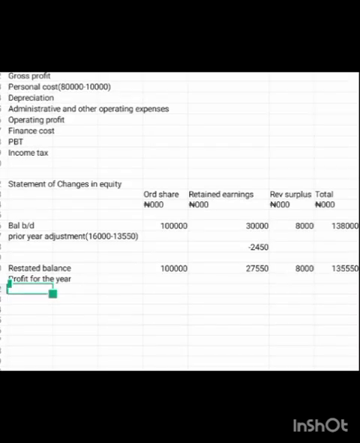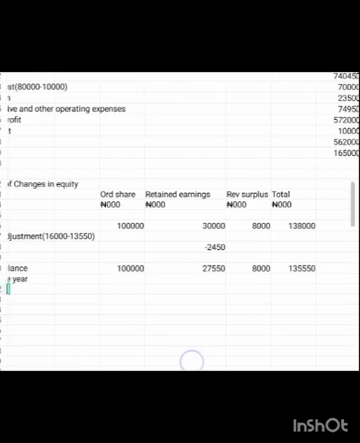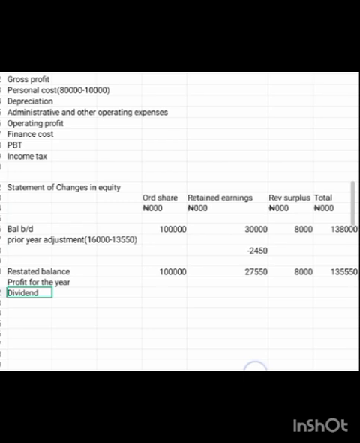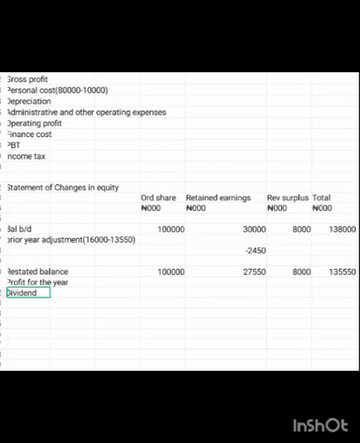If we check, we have our dividend, which is 15,000, still under retained earning. Our dividend is 15,000, and we are subtracting the dividend from whatever total we have.